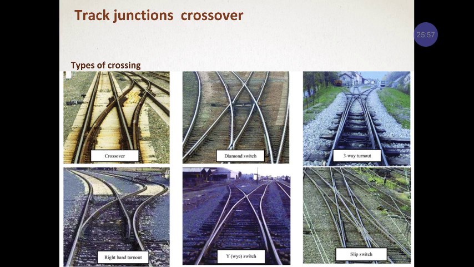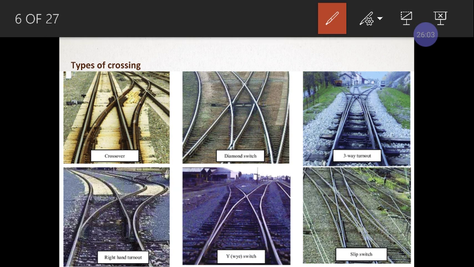Next one is the three-way turnout. Here, from one single main line, there are two branch lines. When there are a lot of deviations, these are provided in the junctions.